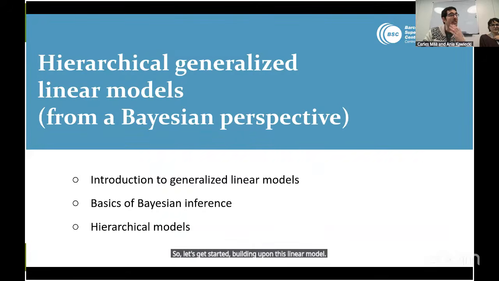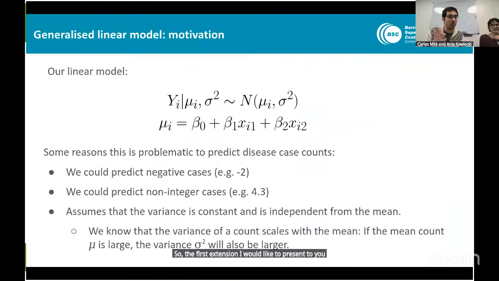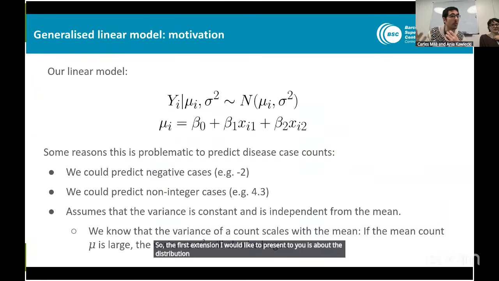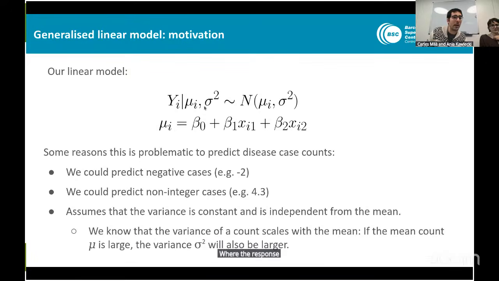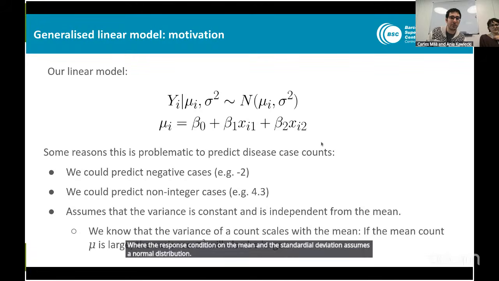So the first extension I would like to present to you is about the distribution, the limitations of the normal that I have just mentioned. But now let's go a bit more in depth. This is the model that we have so far, where the response, conditional on the mean and the standard deviation, assumes a normal distribution with this linear predictor.